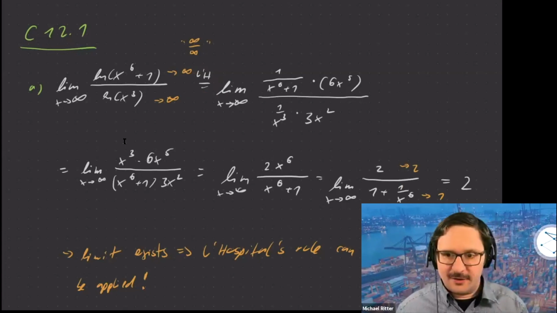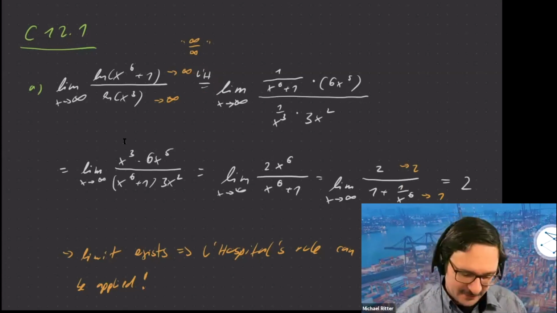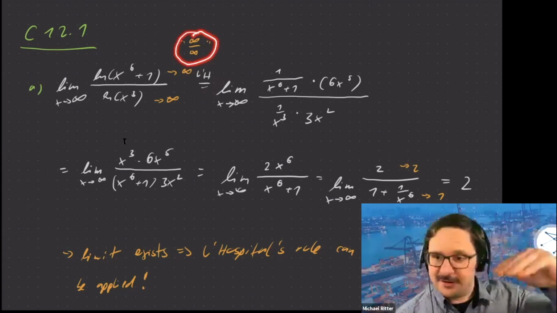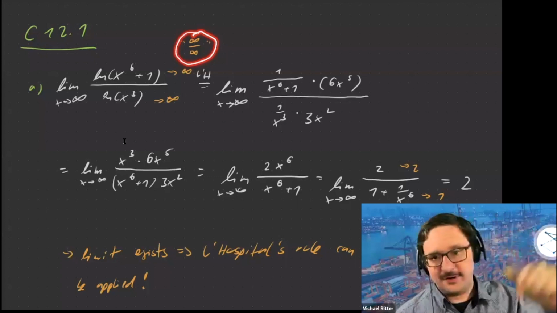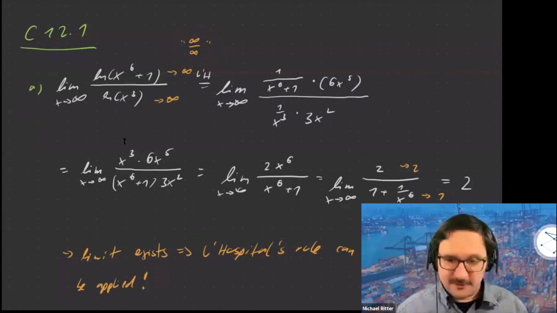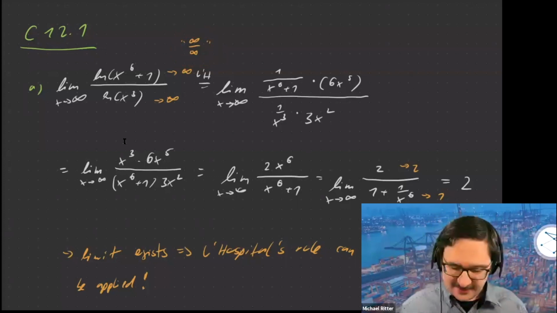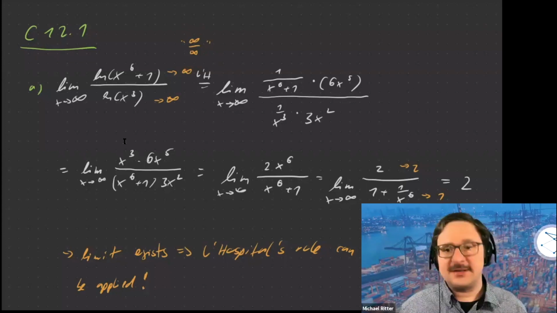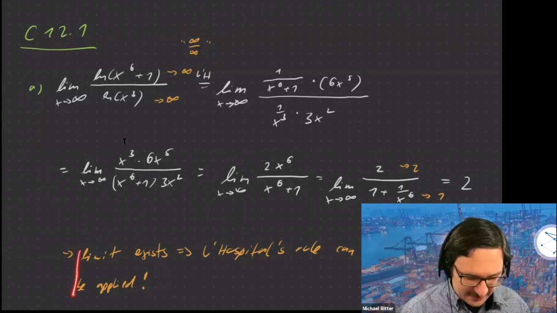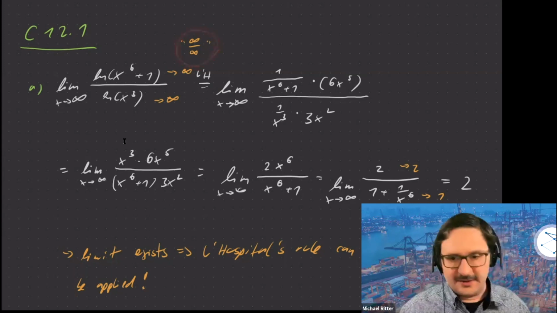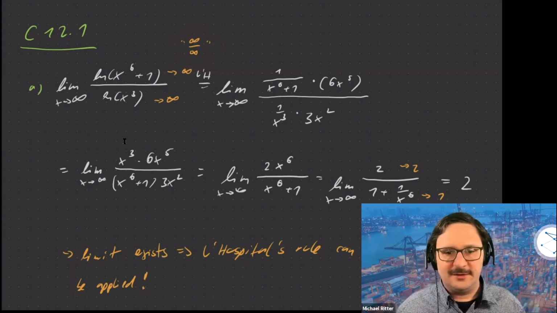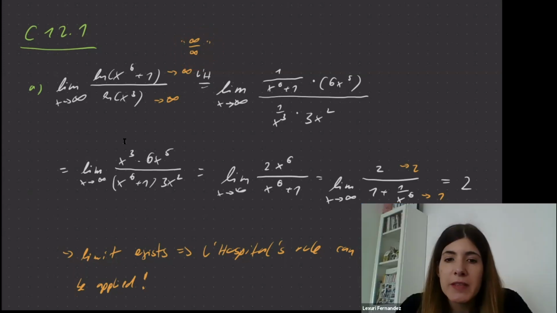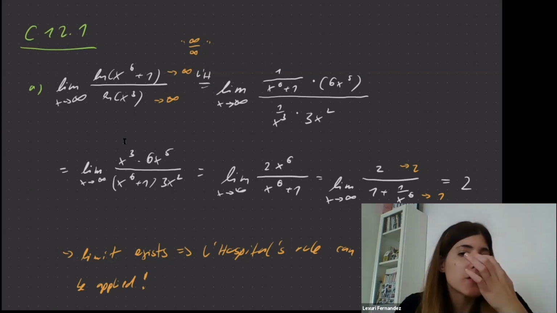And you should somehow justify that by first giving an indication that you have either the type infinity divided by infinity or 0 divided by 0. And of course, you should also make a statement somewhere that the limit actually exists, and thus the application of L'Hopital's rule was justified. So those two things should be present in the exam, please.